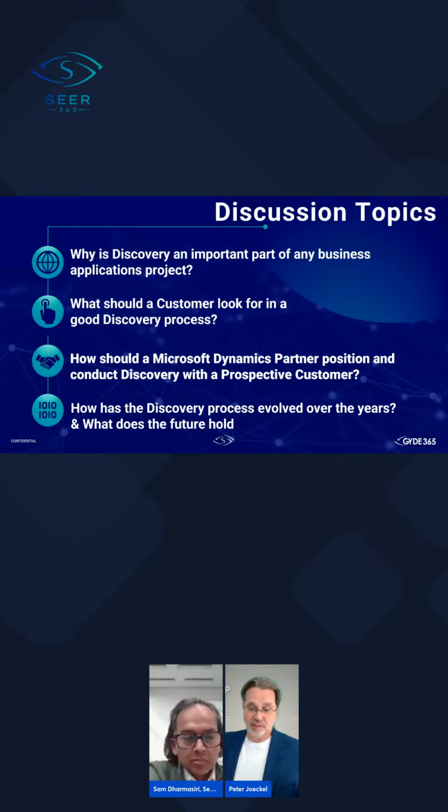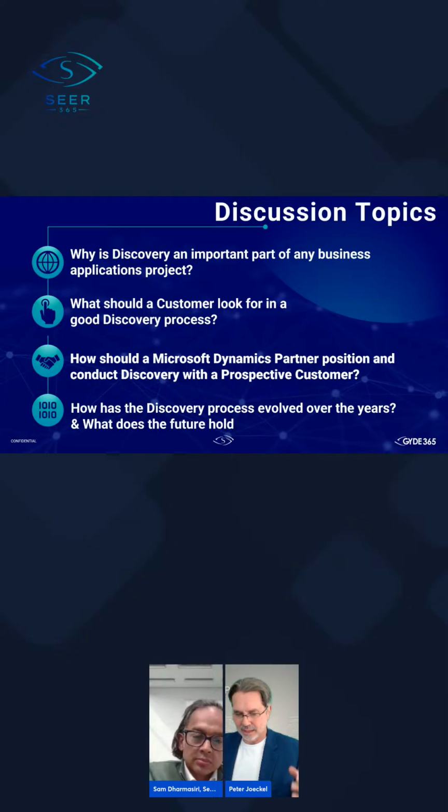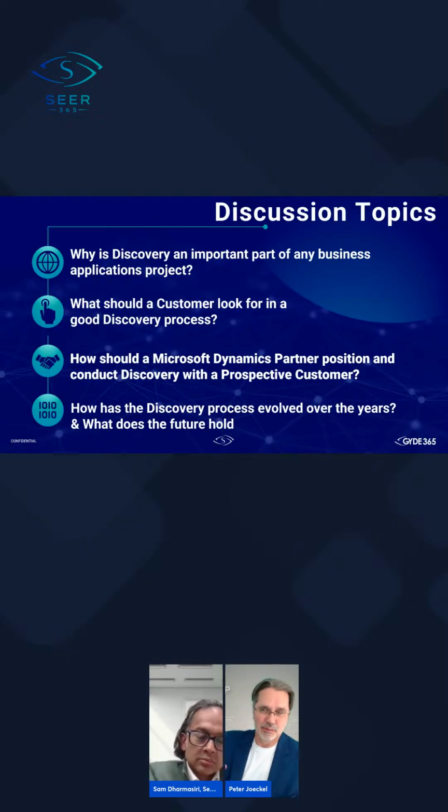Let's imagine for a second, we break Discover down into two critical pieces of information that you as the customer have to have. Number one is the gap fit. How do your application requirements match different ERP solutions? So let's assume for a second, and this is a huge assumption, that you know how to create a list of requirements.